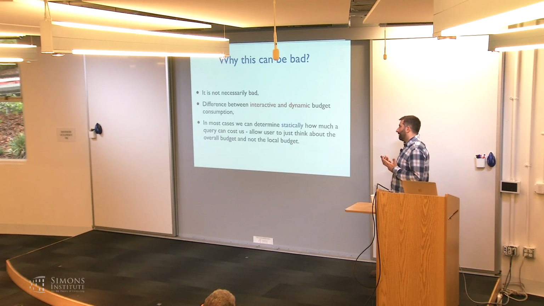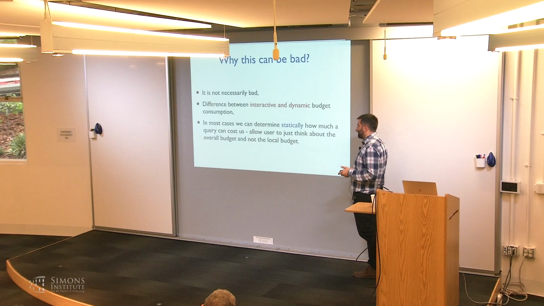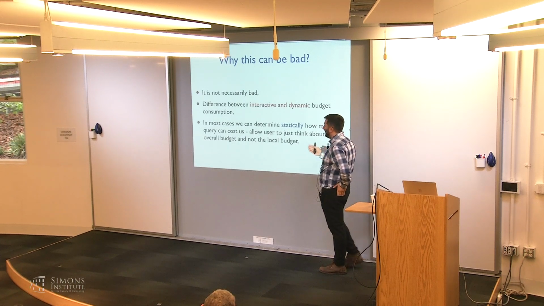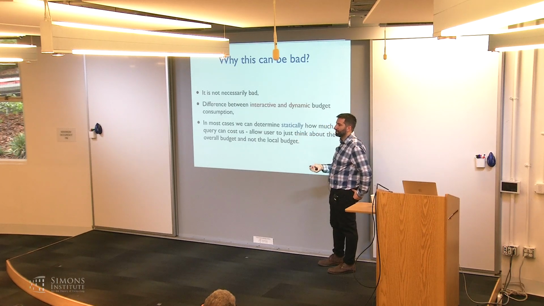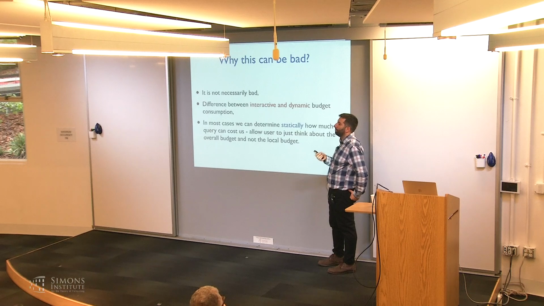So in some sense, this is a bit unsatisfactory because by relying only on dynamic guarantees, we don't give information to the user about how he can organize his privacy budget.